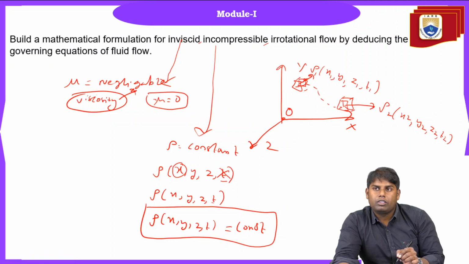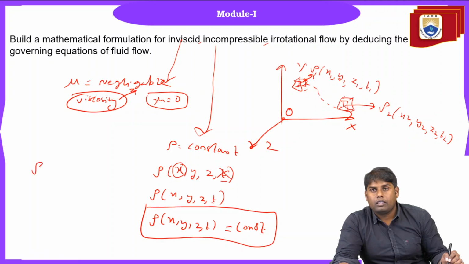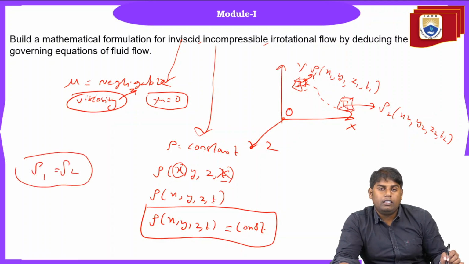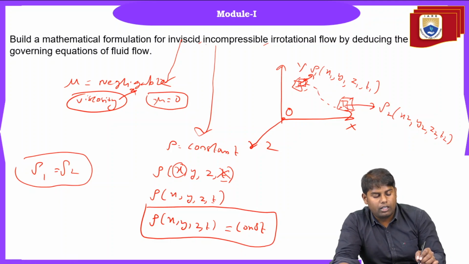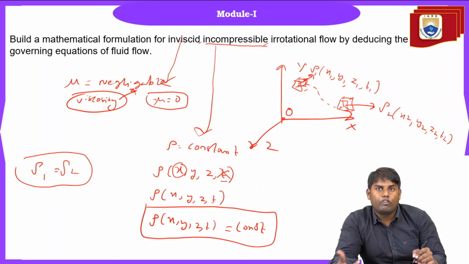So one is rho 1 and one is rho 2. If rho 1 is equal to rho 2, then the meaning is incompressible. So the density of a particular fluid particle will not vary with respect to time or space.